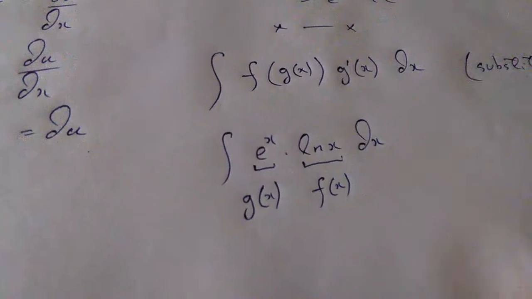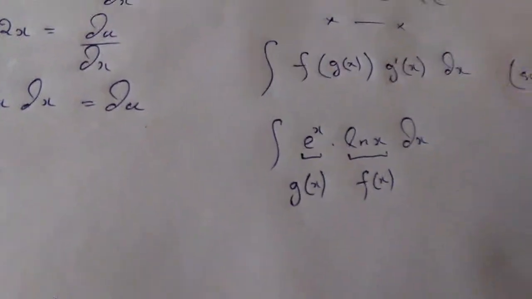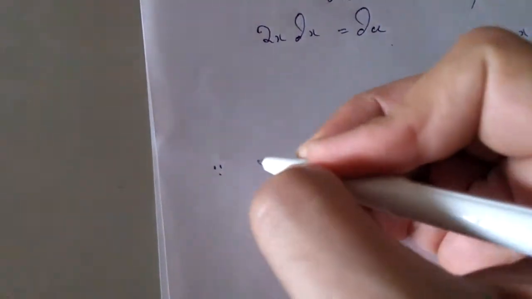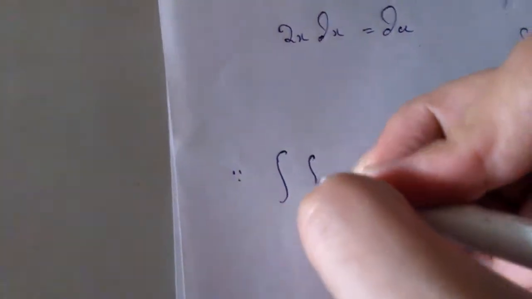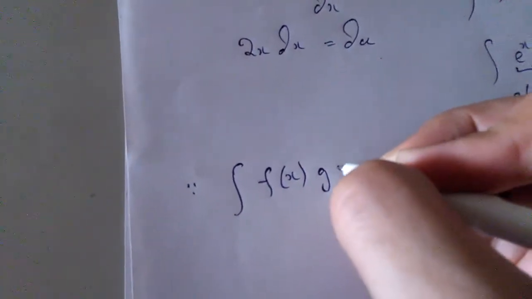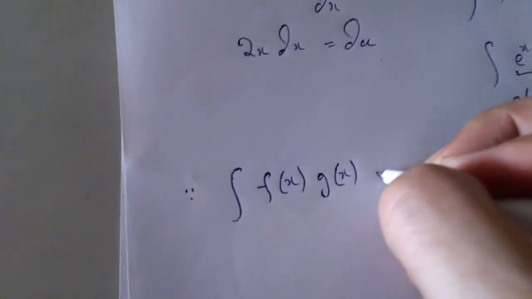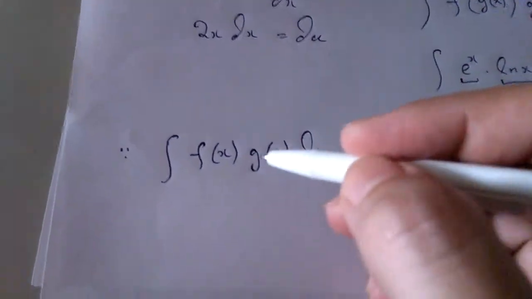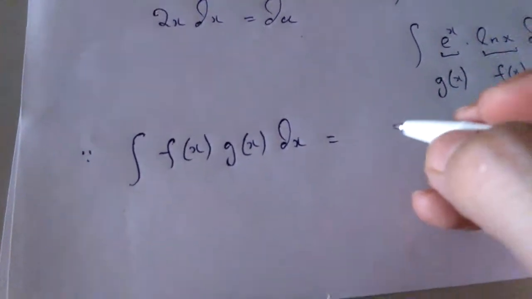And the function whose integral I have to take out while performing the by parts, I just take as g of x. So the general formula of by parts, whose integrand is expressed as the product of two different functions such that none of the functions is the derivative of the other, you are going to perform by parts.